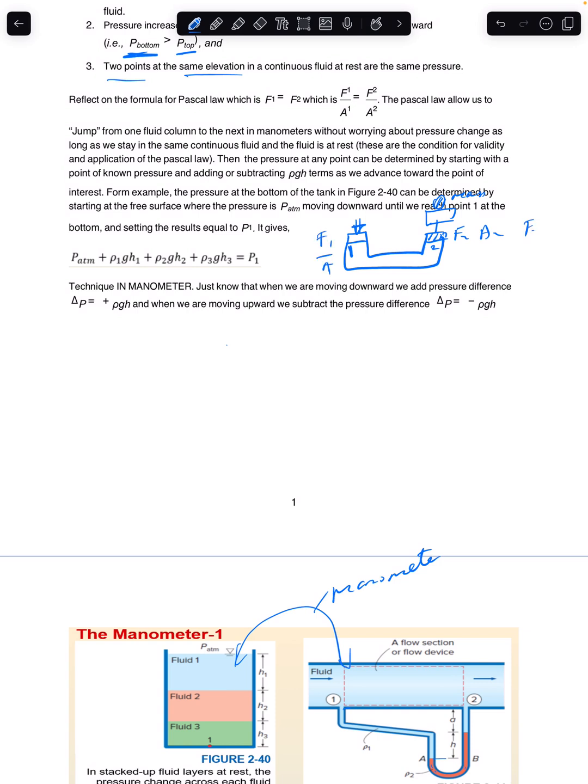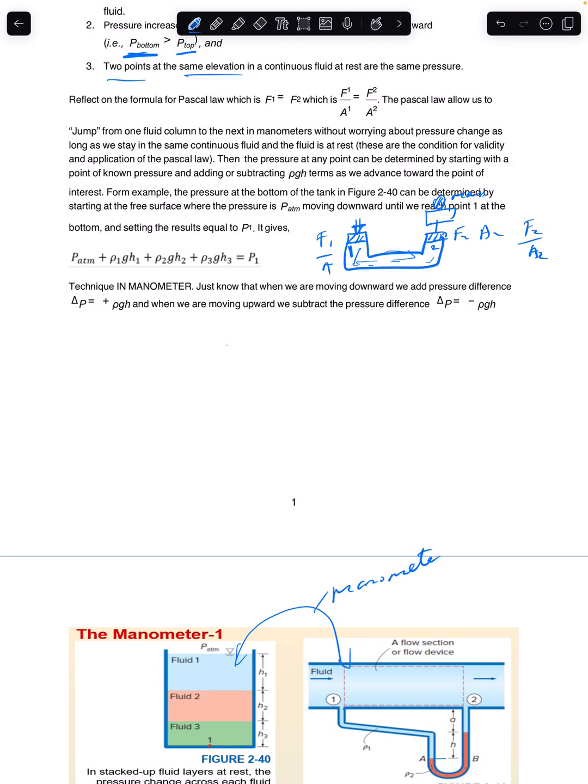So F2, A2. So that is some kind of a Pascal law. You could see that the fluid is not open. But in this case, we can have a fluid that is open, we can have a fluid that is closed, and the fluid is not at rest in most cases.